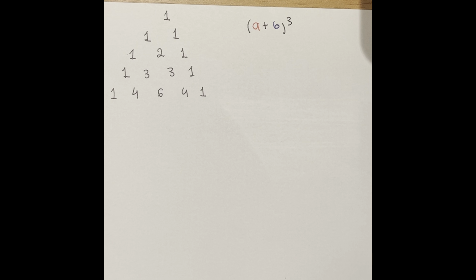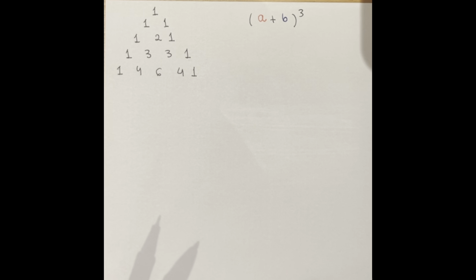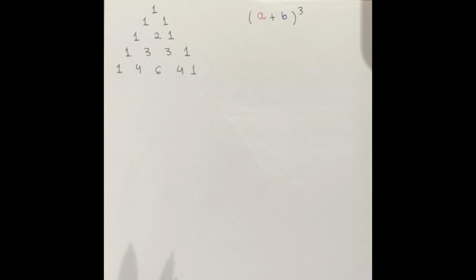Okay, so when we're doing a plus b to the power of 2, we can just use simple expansion. But when we have something like a plus b to the power of 3, using Pascal's triangle for the coefficients will make our lives immensely easier. So let's do this right now.